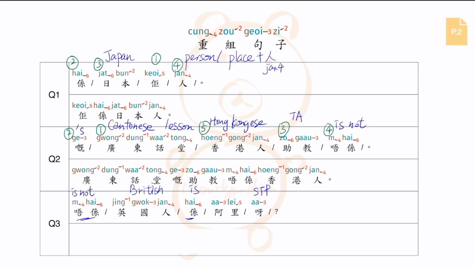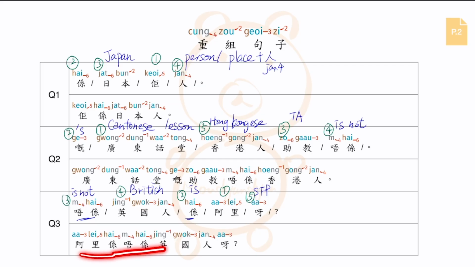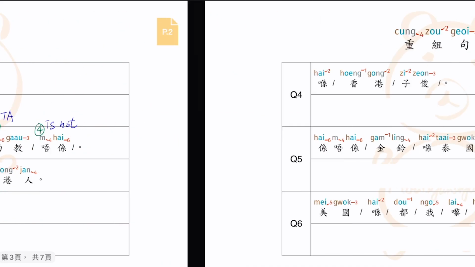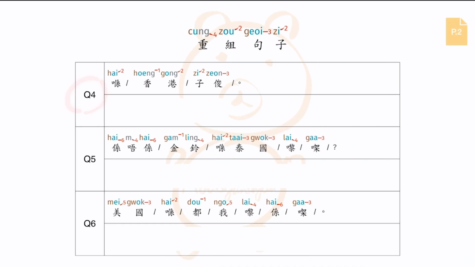However, semantically, only 阿里係唔係英國人 is acceptable. 跟我讀一次，阿里係唔係英國人啊? Is it true that Ali is British? Okay. 第四題，跟我讀一次，喺 Okay, this is rising tone.